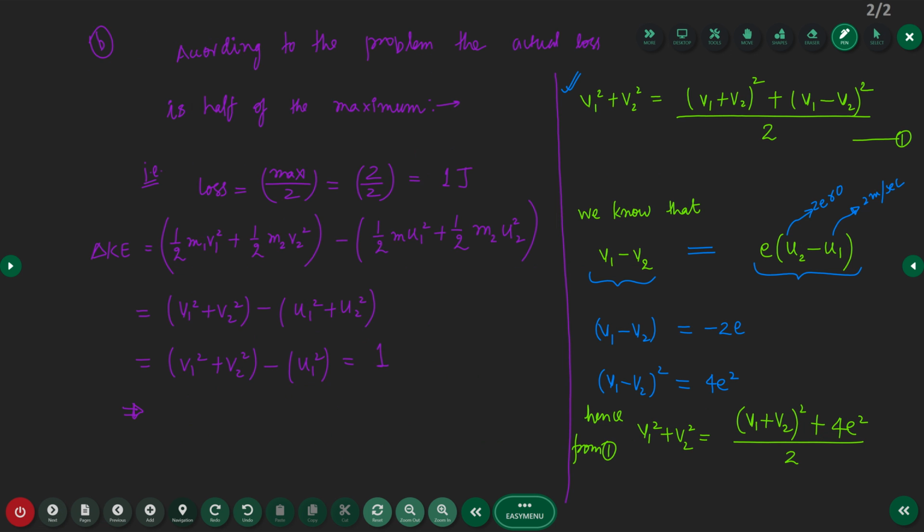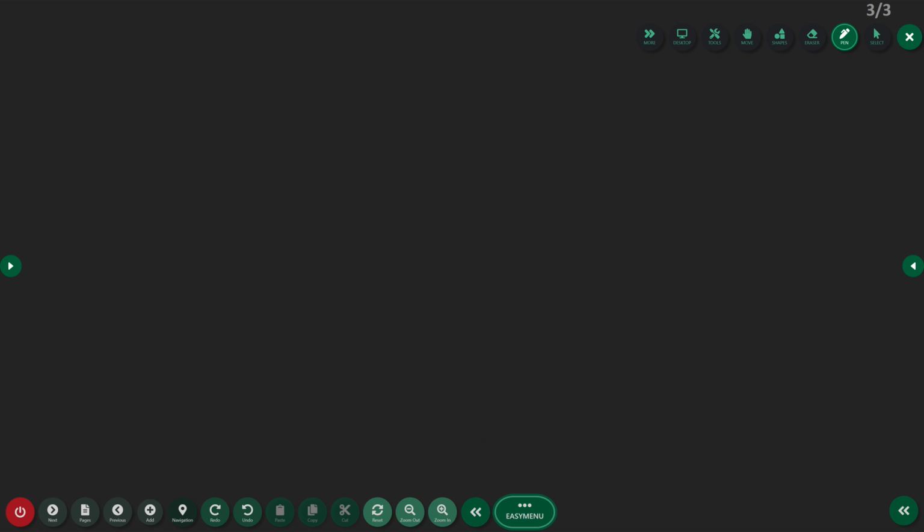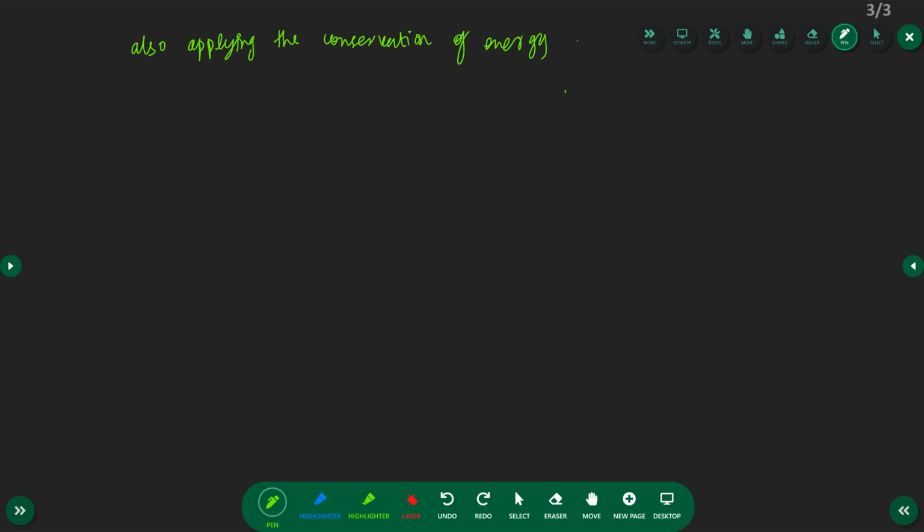So what we'll do, applying the conservation of momentum, when you apply it, what will happen?